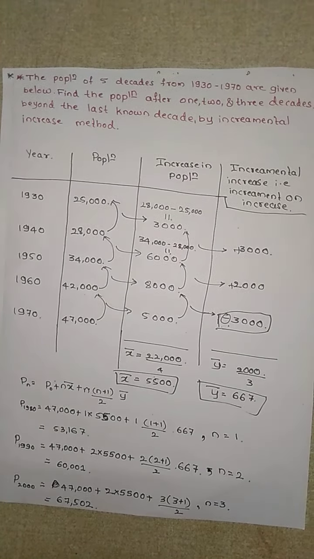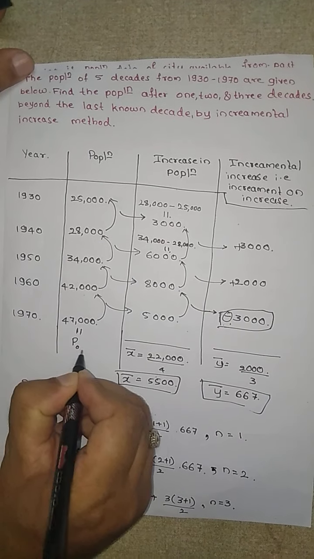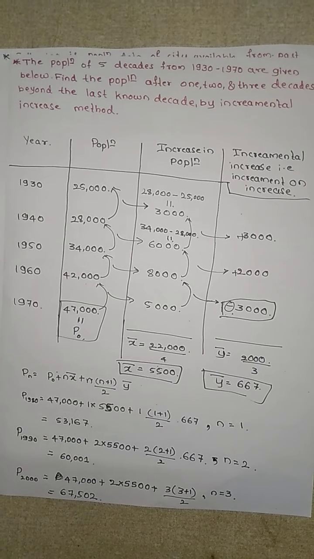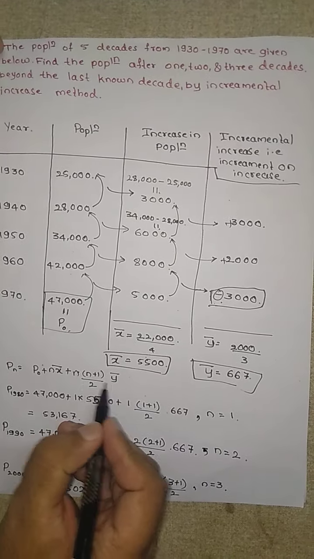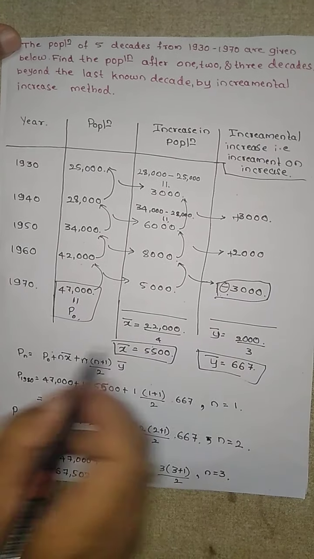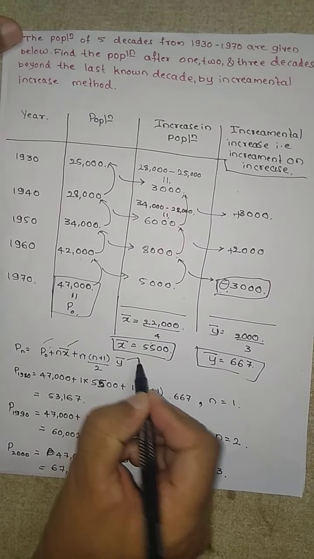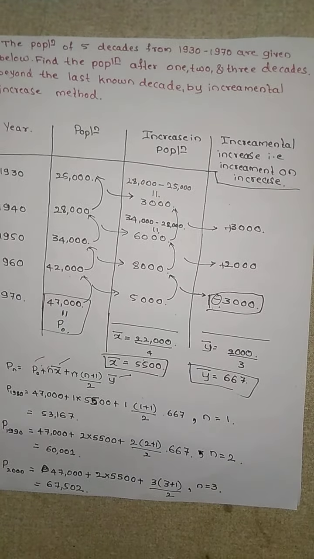So what is the last known population? Last known population is P naught. So this is your P naught. Then x bar is known, y bar is known. Just what we need to know is n.